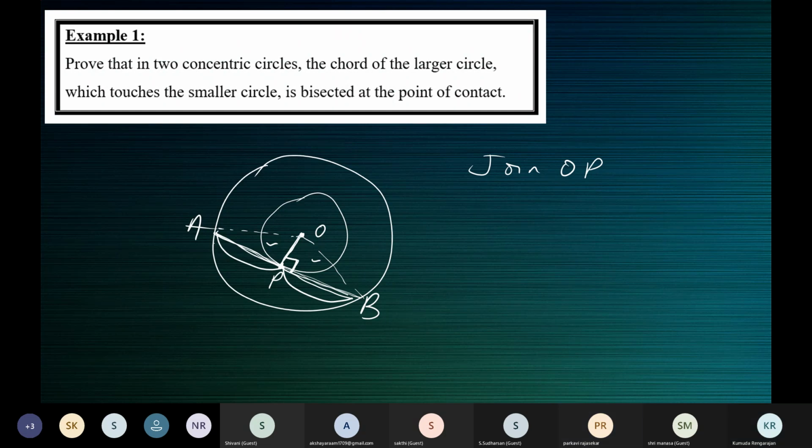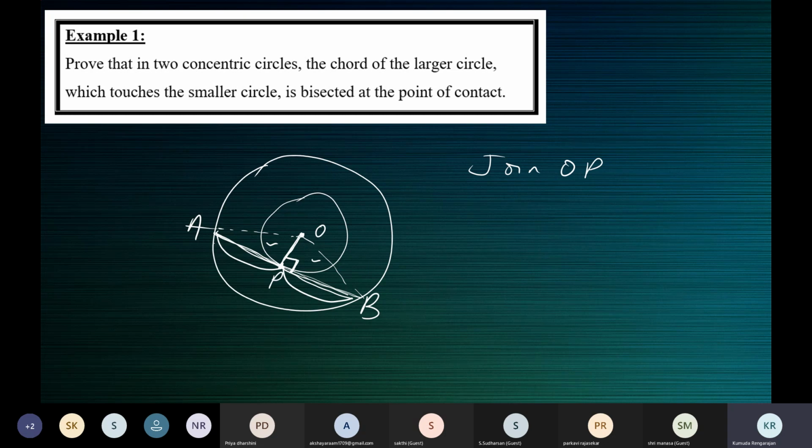Correct. And then OP equals OP. What's that? AP equals BP? That's what we have to prove. You cannot write that now. OP equals OP, ma'am. OP is equal to OP, common side. So what rule does it make?